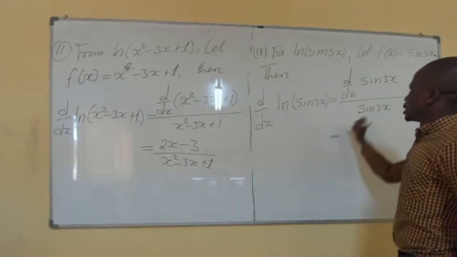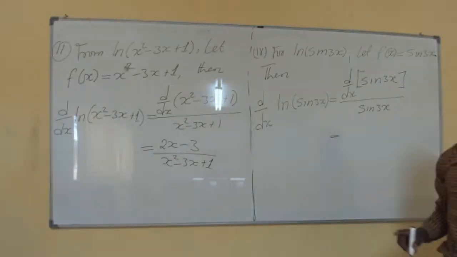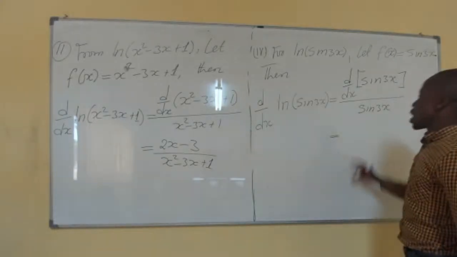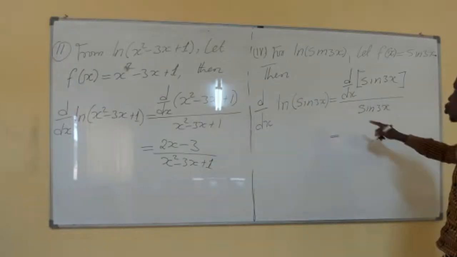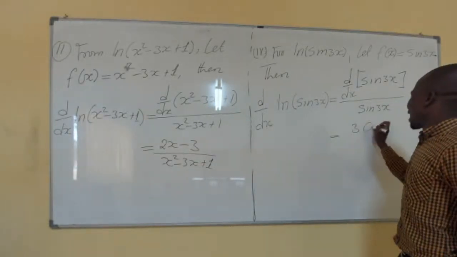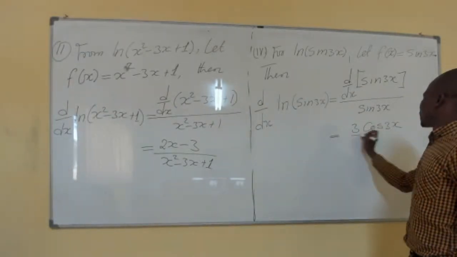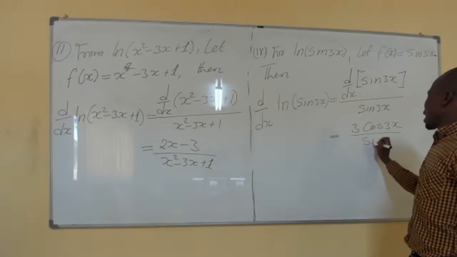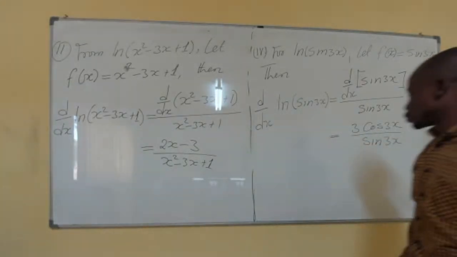Now, the derivative of sine 3x we differentiate using the chain rule, which will give us 3 times the cosine of 3x divided by the sine of 3x. So that is by applying the chain rule.